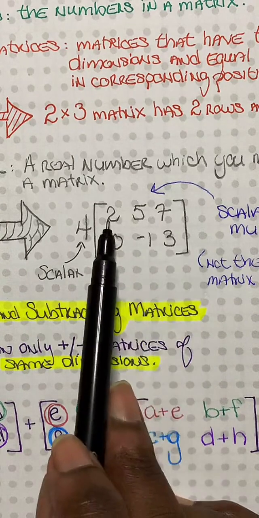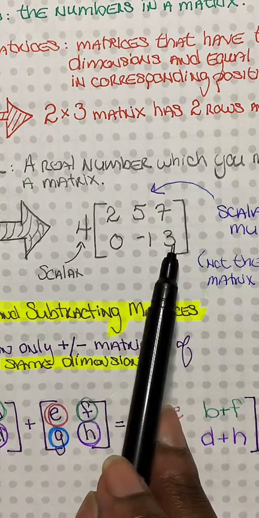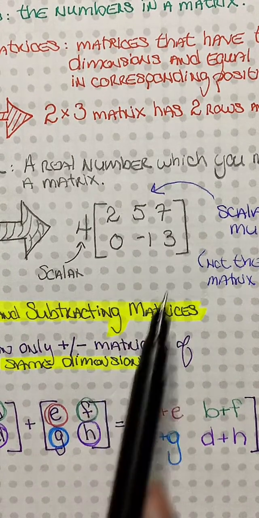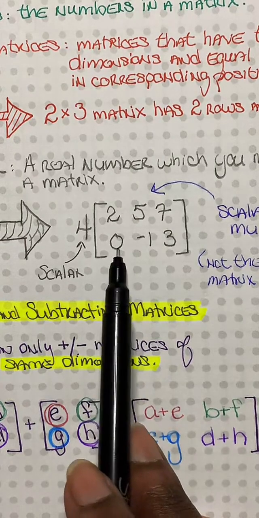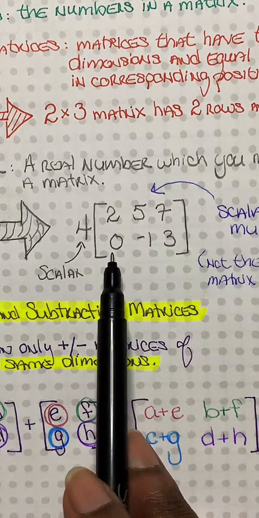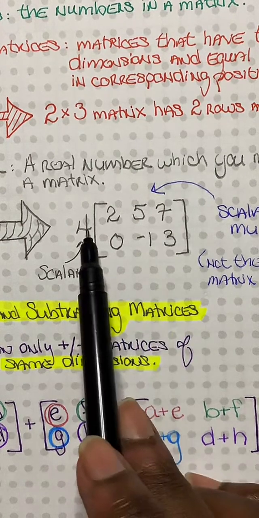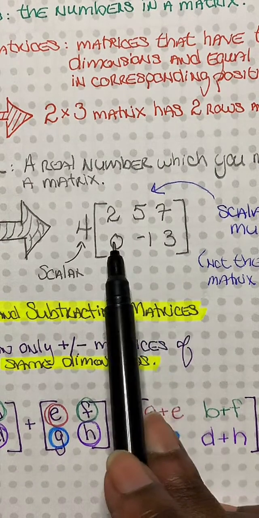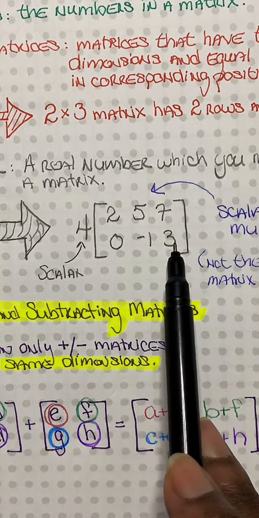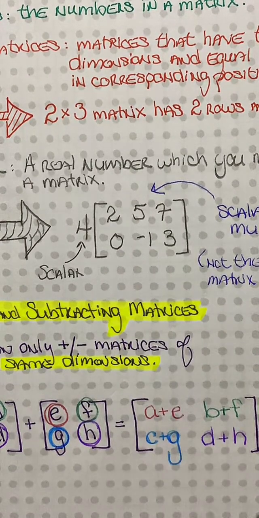That is giving us a 2 row and 3 column matrix. If I wanted to solve this, it's almost like you're doing the distributive property. You're taking this 4 and multiplying everything in the matrix by that 4. Okay? And that's all you do. That's scalar multiplication.